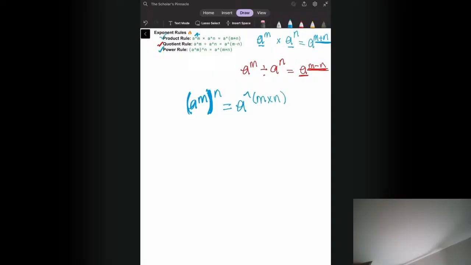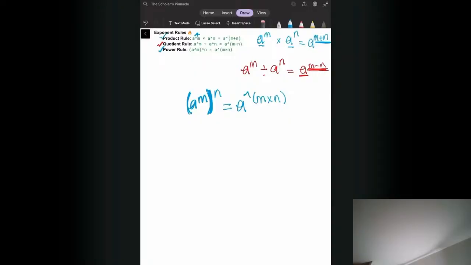Make sure you take note of this. Pause the video if you need to. Keep that in mind because you're going to need to use this whenever you're evaluating powers when it comes to algebraic expressions, and it's also useful for other topics in algebra or math in general.